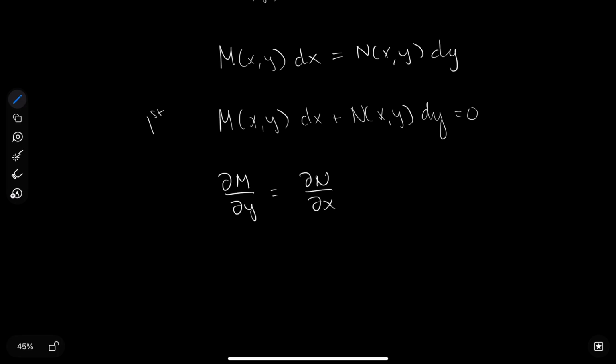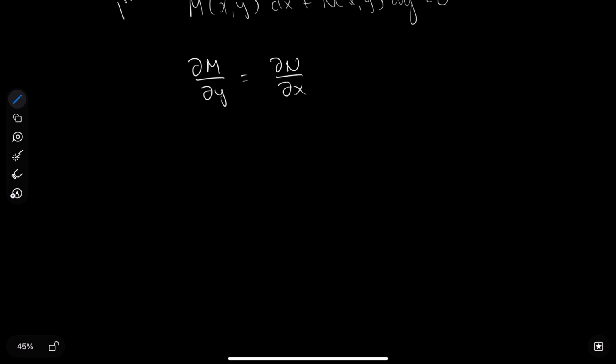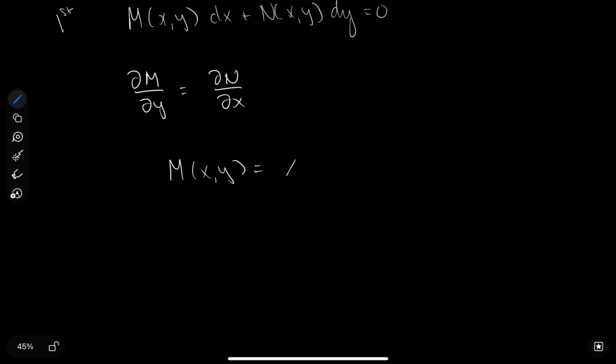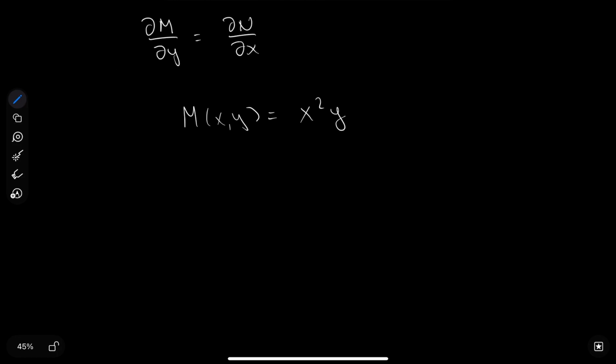So in that case, say we have M(x,y) equals x squared y. And then let's say we have N(x,y) equals x cubed over 3 plus 2.